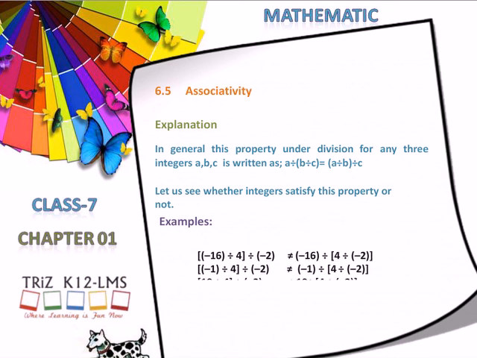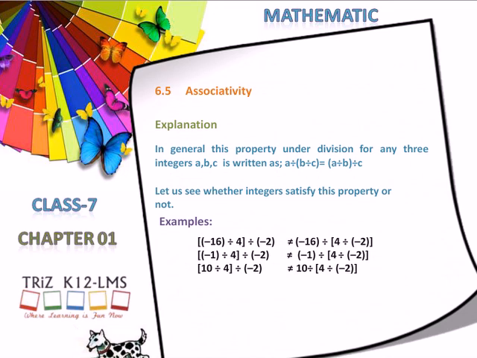Examples: (-16 ÷ 4) ÷ -2 is not equal to -16 ÷ (4 ÷ -2). (-1 ÷ 4) ÷ -2 is not equal to -1 ÷ (4 ÷ -2). (10 ÷ 4) ÷ -2 is not equal to 10 ÷ (4 ÷ -2). From these examples, we can say that division is not associative for integers.